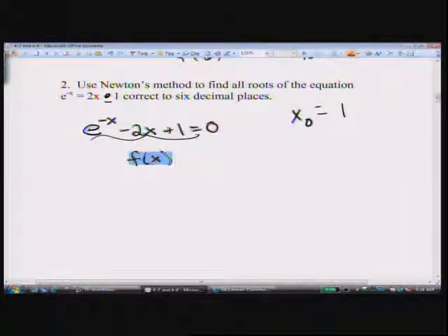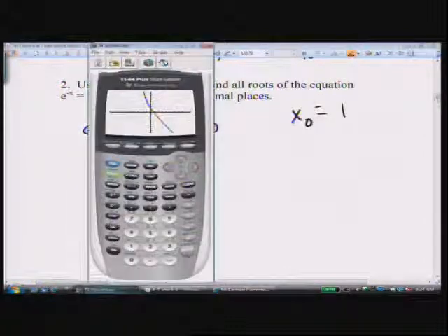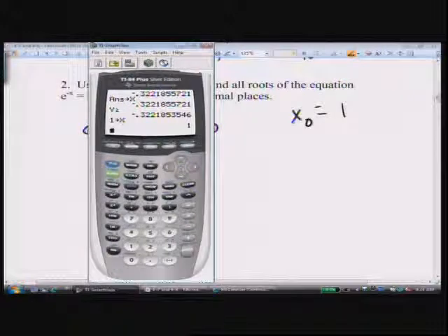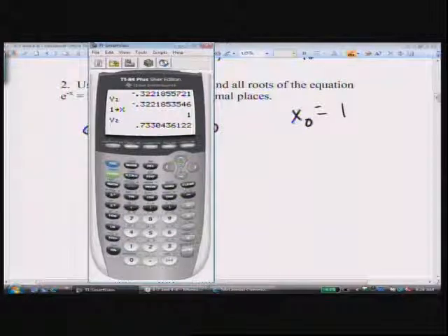Okay. So x naught is 1. So I'll go to my calculator and I'll do store 1. So I hit the 1 and I'm going to store that in x. And then I grab my y2 command, and this number, 0.7330436, will be my x1.